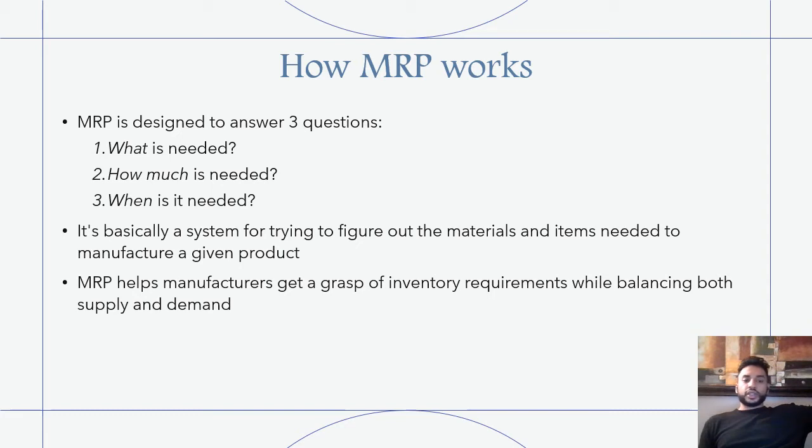MRP helps manufacturers get a grasp of inventory requirements while balancing both supply and demand, right? It's an extremely helpful tool if someone is in a manufacturing or distribution company that has to put product together, right? So that's how it works.